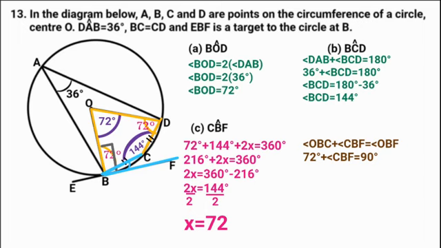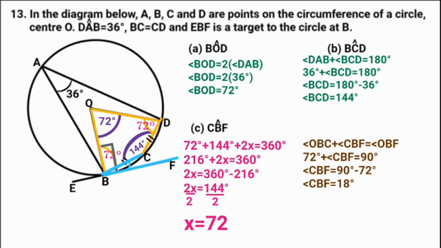Once we've found that, we put like terms together. Angle CBF is equal to 90 degrees minus 72 degrees, because the positive 72 is crossing the equal sign, it becomes minus 72. 90 minus 72 gives us 18, so angle CBF is 18 degrees.